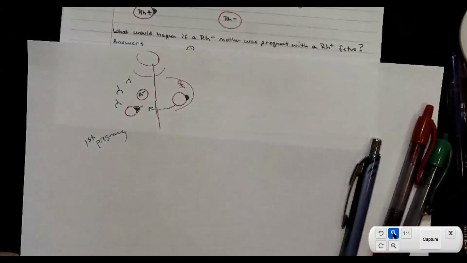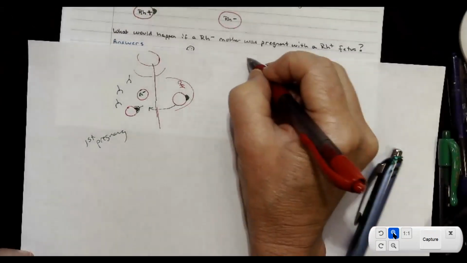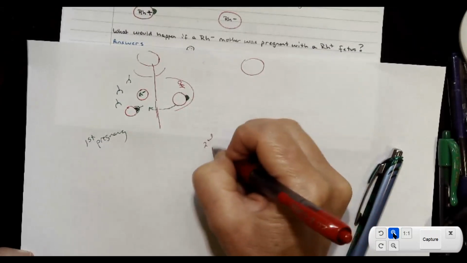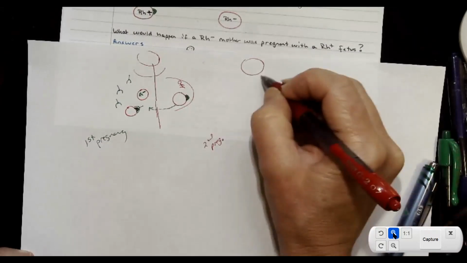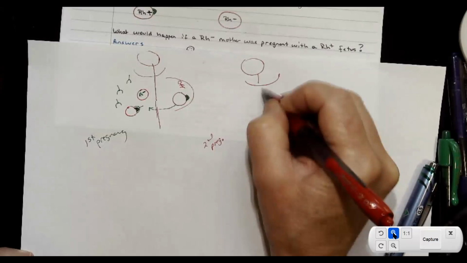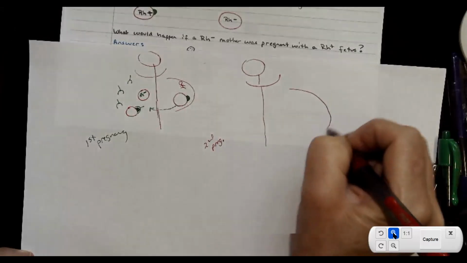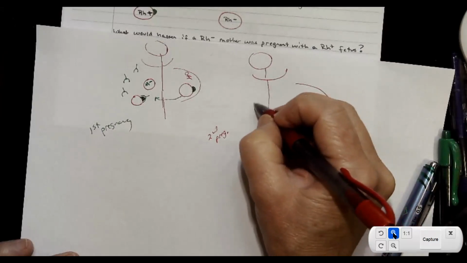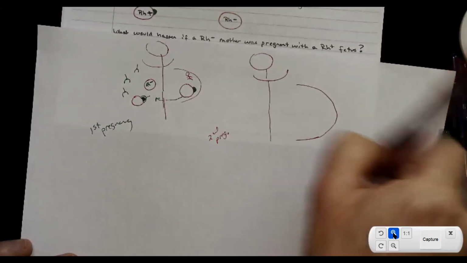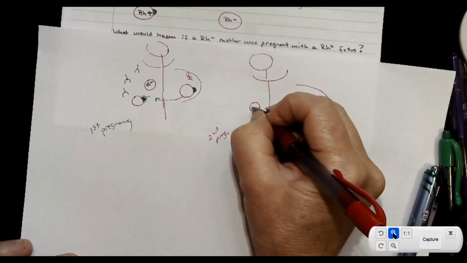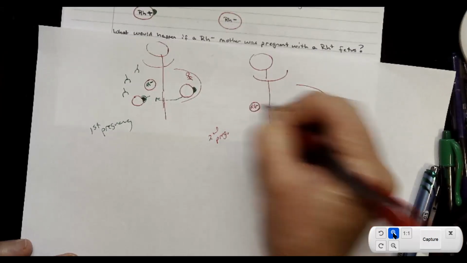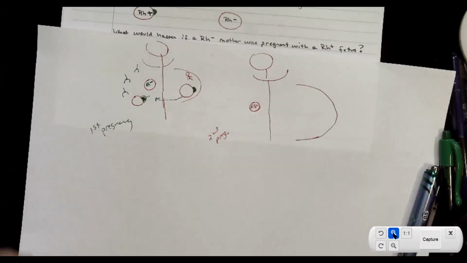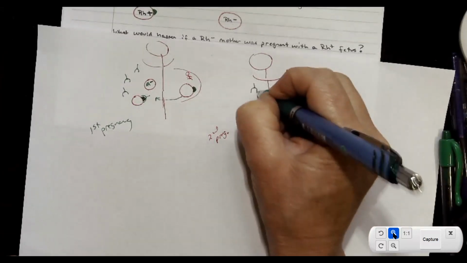Now she's going to get pregnant again. This is the second pregnancy. So we have her represented, and then we have the baby. Remember, she is Rh negative. However, in her plasma now, she has these antibodies floating around.